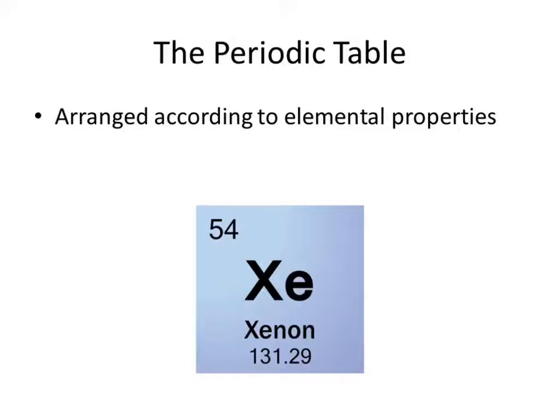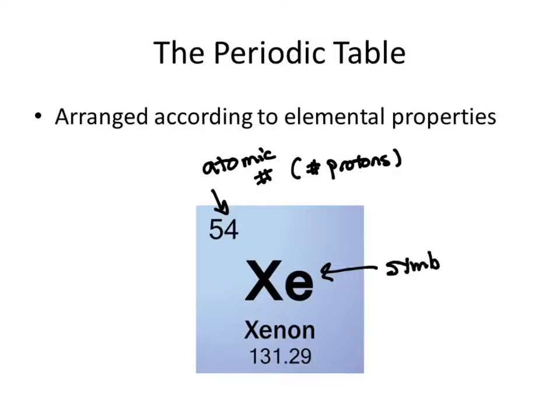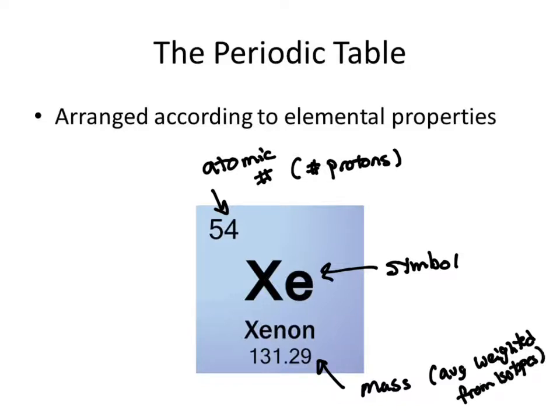Most periodic tables are going to have the atomic number, i.e. number of protons, the symbol, and then the mass, which is an average from isotopes. Okay, and we'll learn what that means in this chapter.